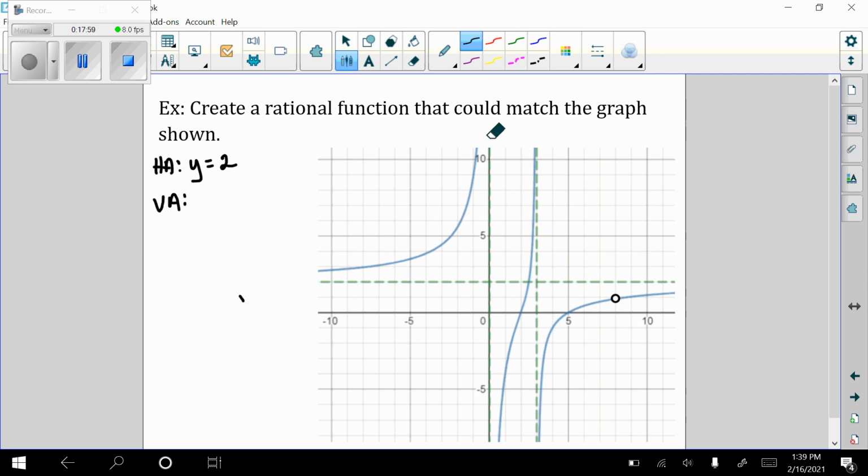Pretty sure I have one going through here, just looking at my graph and that little twisty piece. So I must have one at x equals 0, and the other one sitting at x equals 3. I have a hole. Let's go ahead and write that. I have a hole at (5, 6, 7, 8).